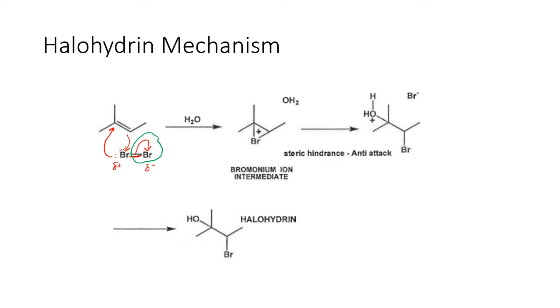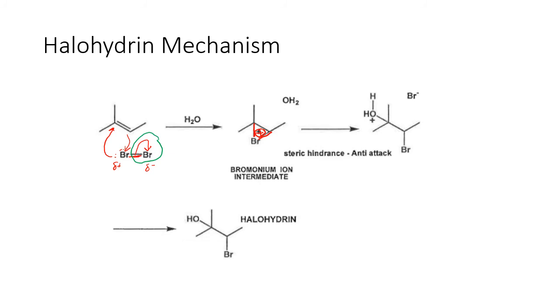So now we lose our pi electrons, but we form a bromonium ion intermediate. We got the bond here that was formed to bromine and the bond here that was formed to bromine. Notice the bromonium ion intermediate is directly on where the double bond was. We have a positive formal charge, and that's kind of shared among the two carbons and the bromine.